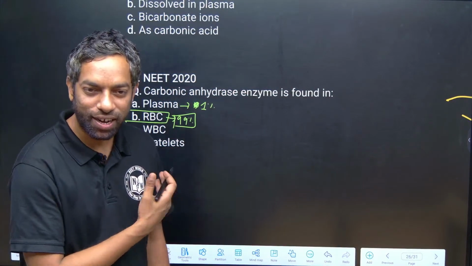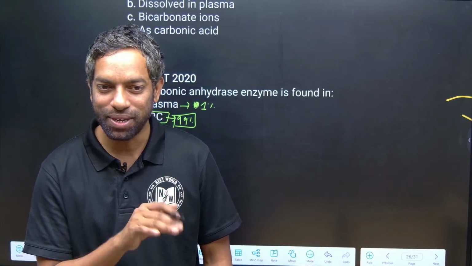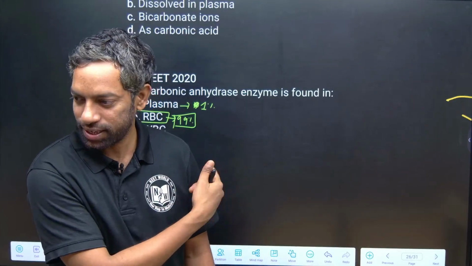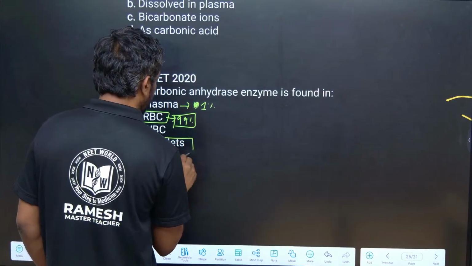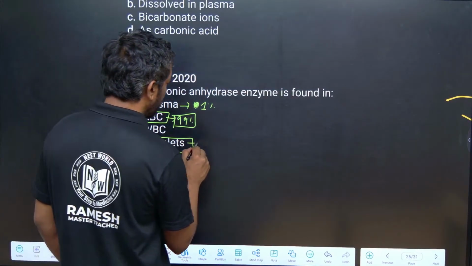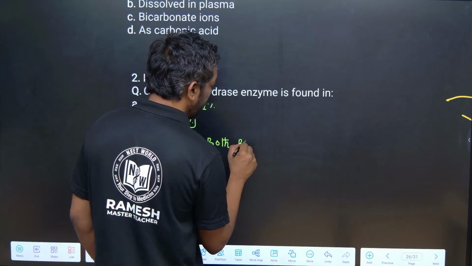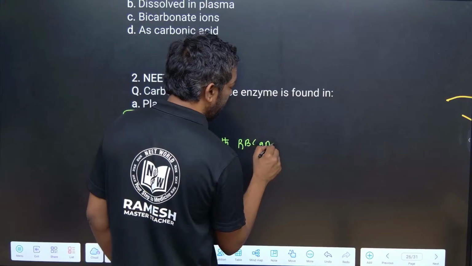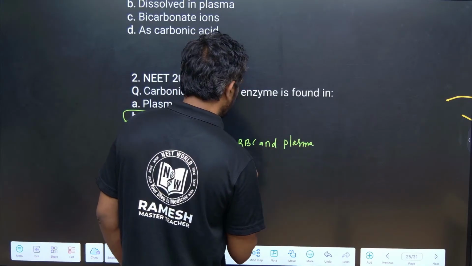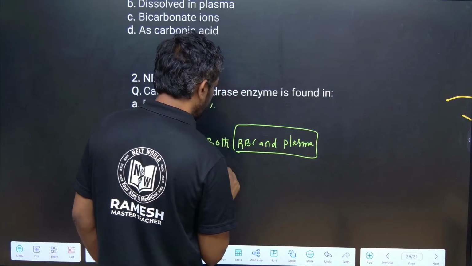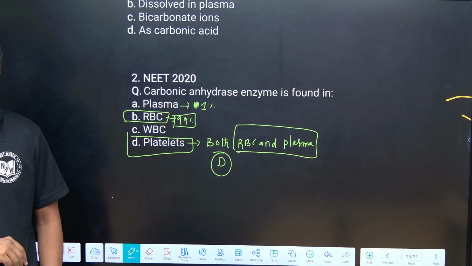Instead of this question's options, of course the accurate total is 100%, with 99% in RBC calculated here. Instead of platelets, they can give you both RBC and plasma as option D. Which one is right?